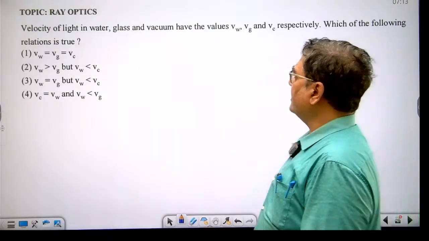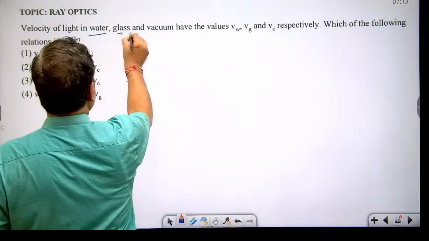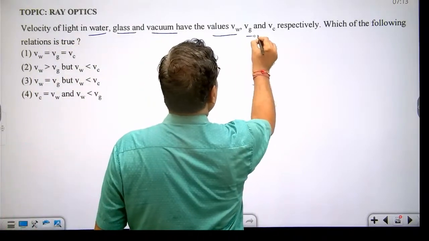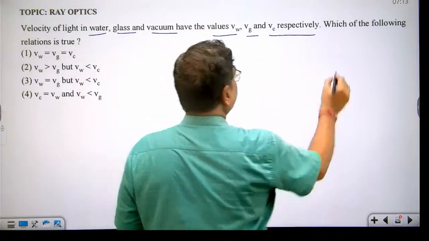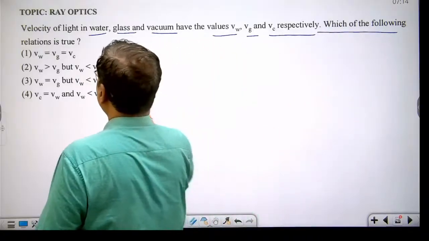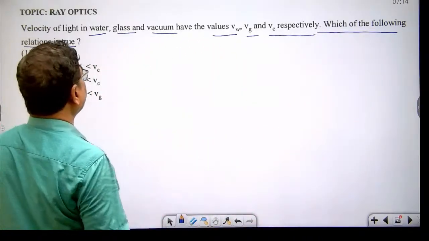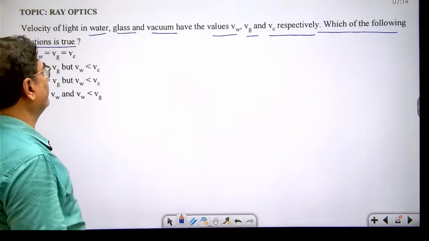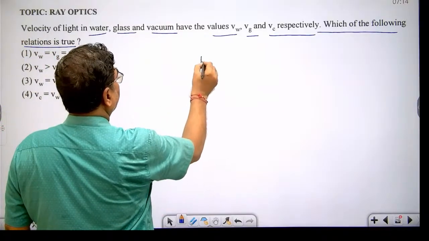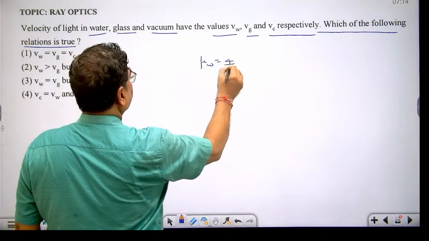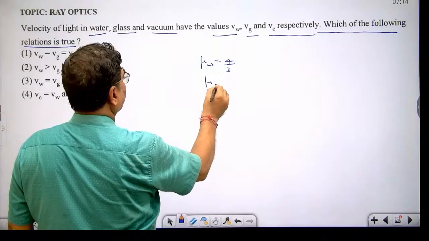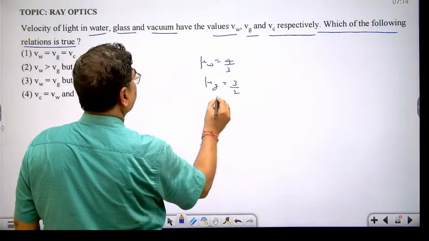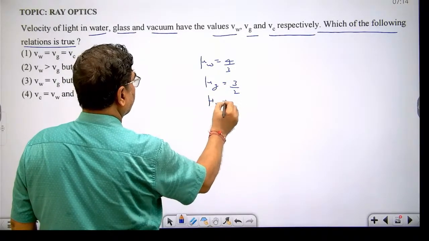Velocity of light in water, glass and vacuum are VW, VG and VC respectively. Which of the following relations is true? Dear student, velocity in a denser medium remains lesser. Refractive index of water is 4 upon 3, the refractive index of glass is 3 upon 2, and vacuum is 1.